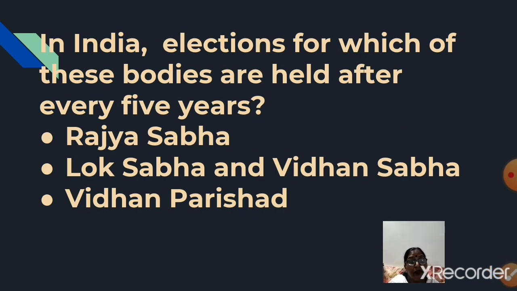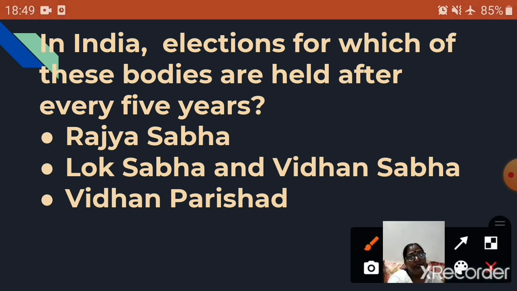Okay. In India, elections for which of these bodies are held after every 5 years? Is it Rajya Sabha? Is it Lok Sabha and Vidhan Sabha, or Vidhan Parishad? And the answer is Lok Sabha and Vidhan Sabha. And the last question for you all.